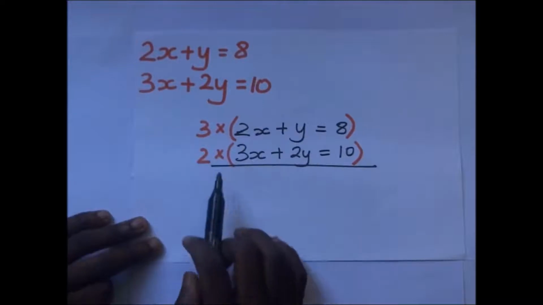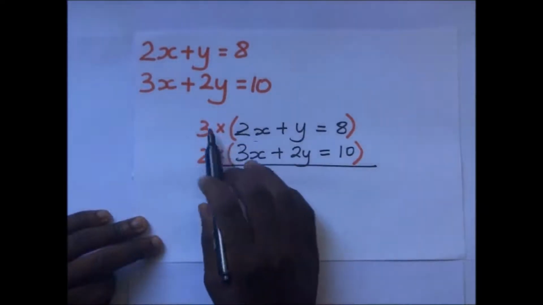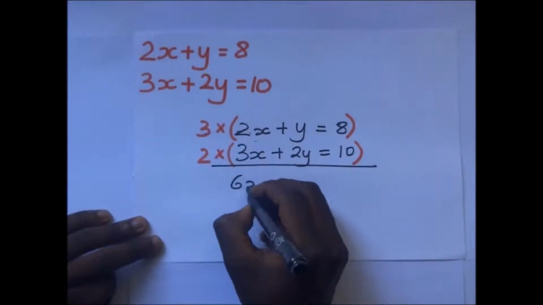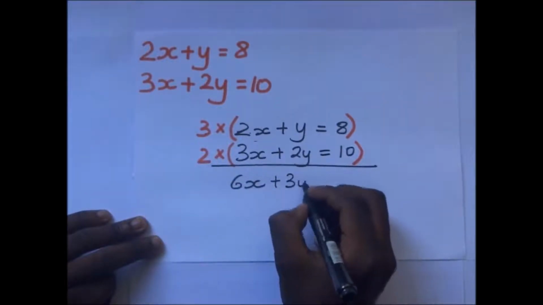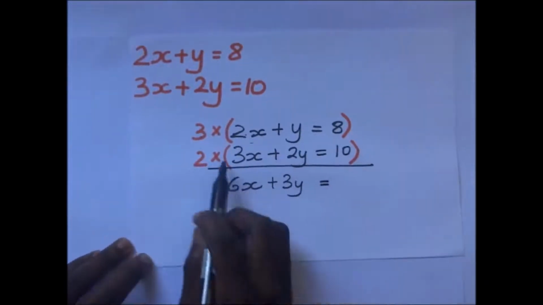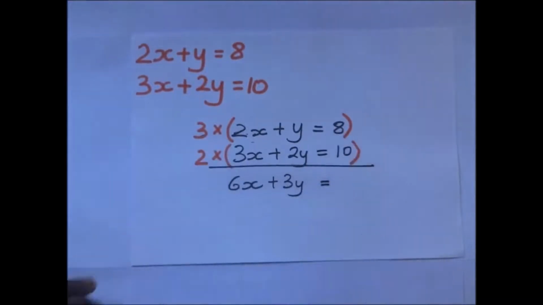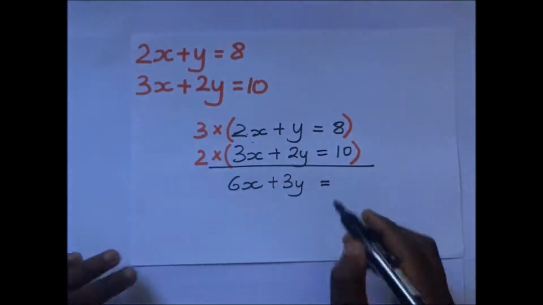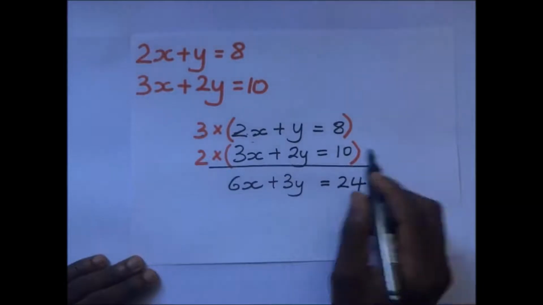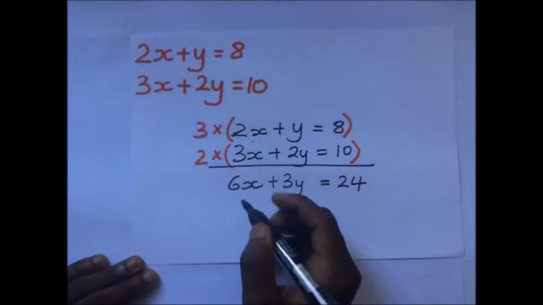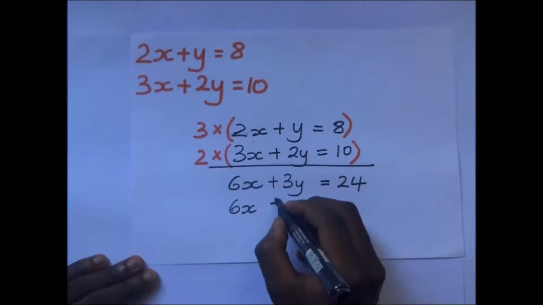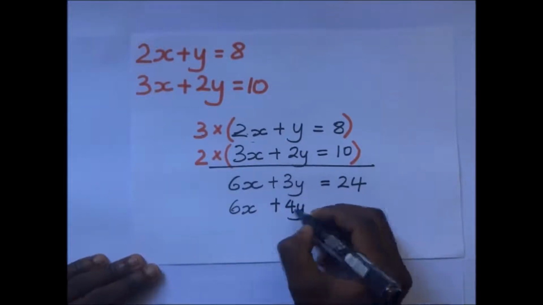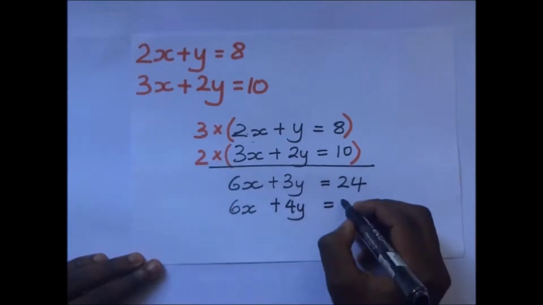So what do we come next here and say 3 times 2x, 3 times 2 is 6x, 3 times y is plus 3y, is going to be equal to 3 times 8 is going to be equal to 24. Then we come down here, 2 times 3 is 6x. 2 times 2y, that is positive 4y, is giving us 2 times 10, which is 20.